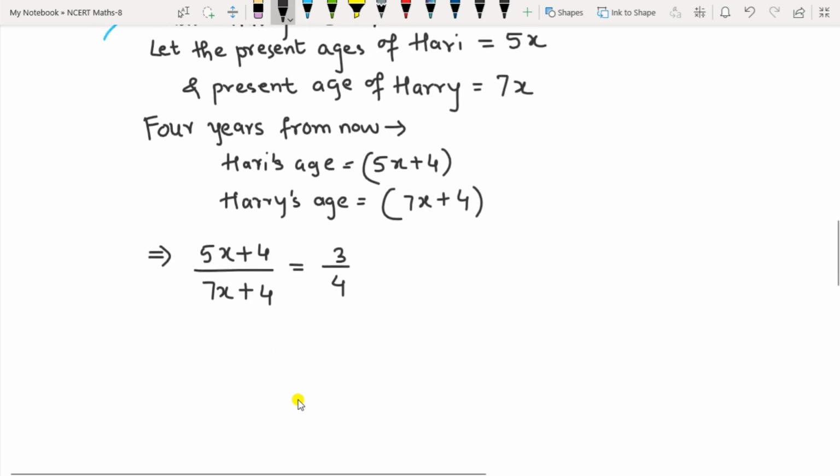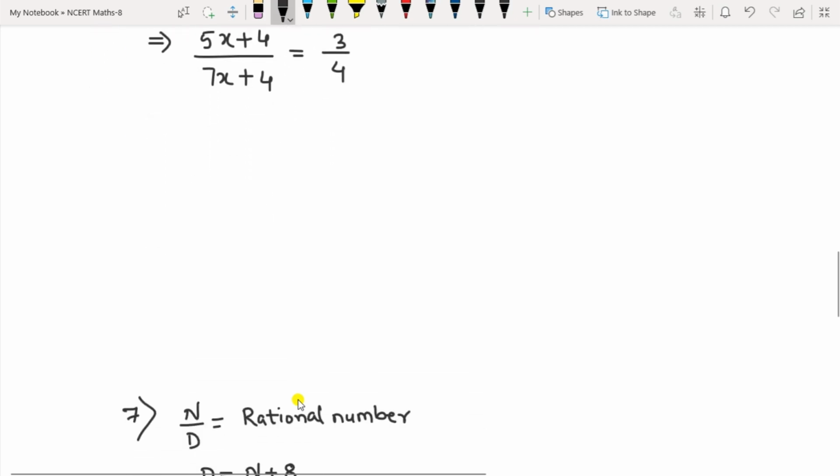Okay. Now question number 6 is given as a word problem. The ages of Harry and Hurry are in the ratio 5:7.